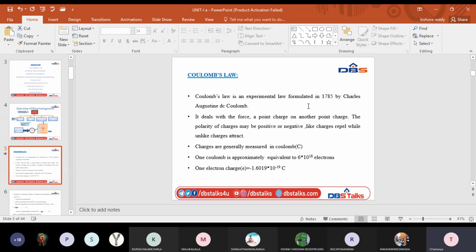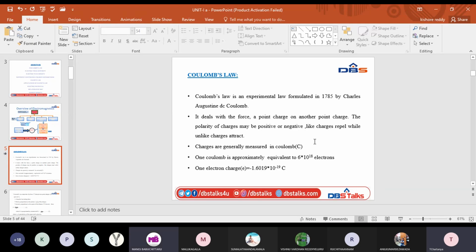With the help of Coulomb's law, we are able to recognize the force on a point charge due to another point charge, and charges are generally measured in coulombs. Approximately 1 coulomb is equal to 6 into 10 to the power of 18 electrons.